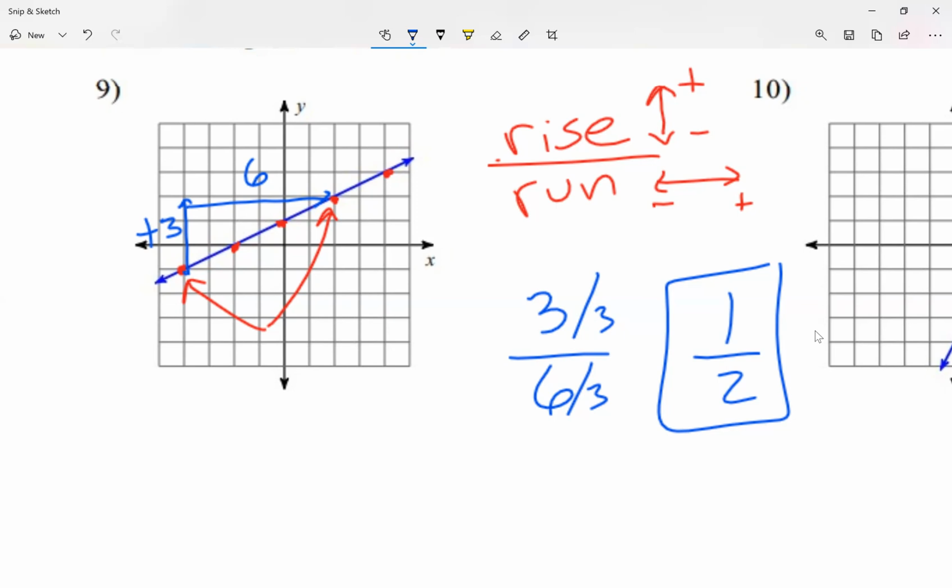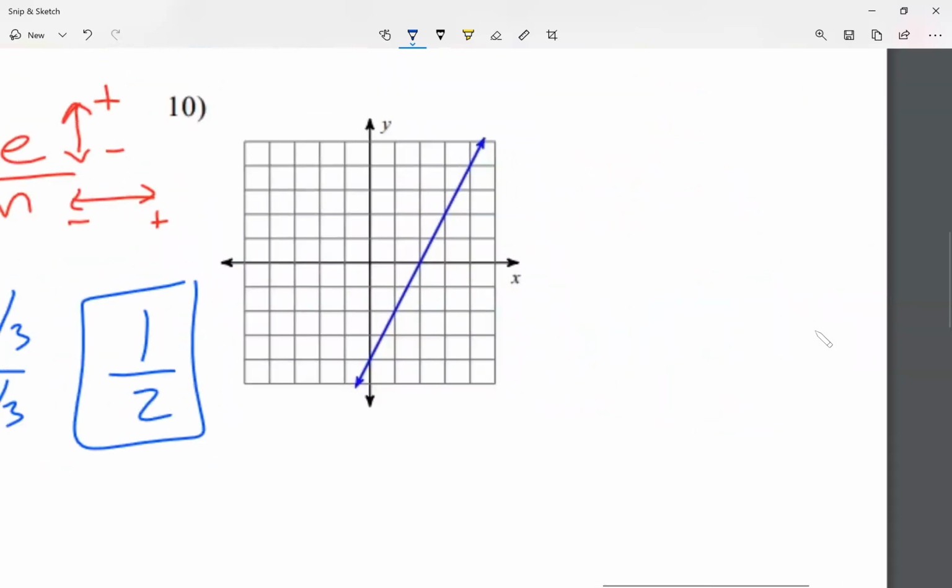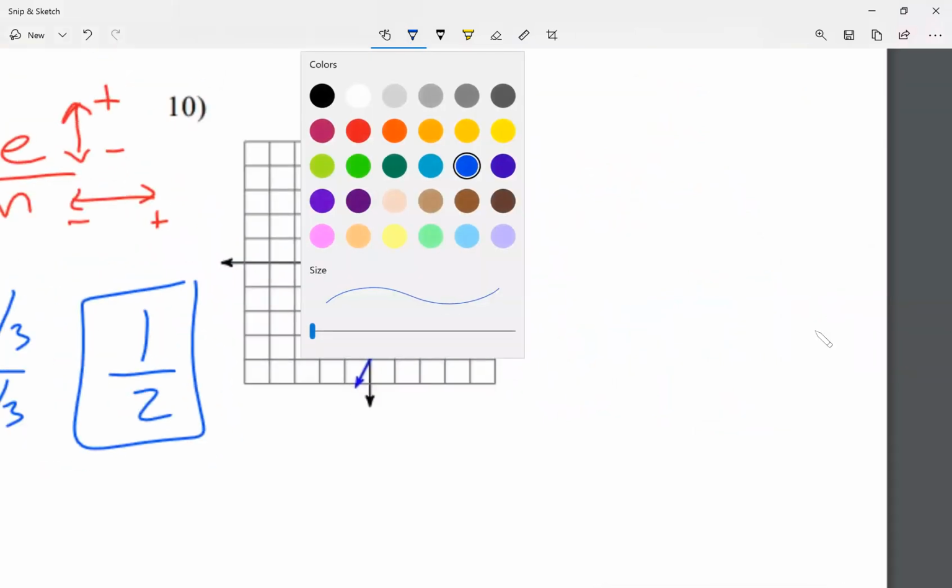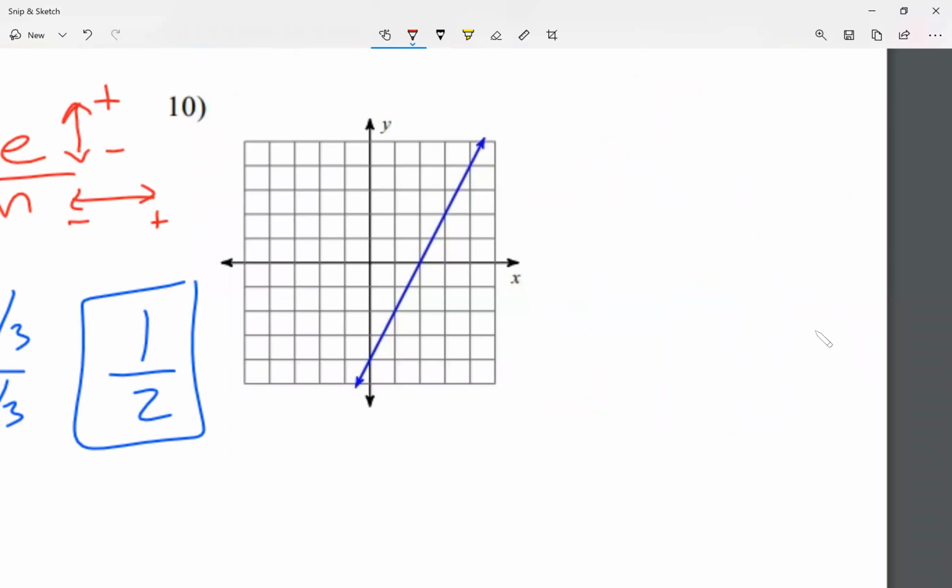Okay, let's take a look at question number 10. I'm just going to choose 2 points. Let me choose this point, and let me choose this point. I know my slope is a fraction.